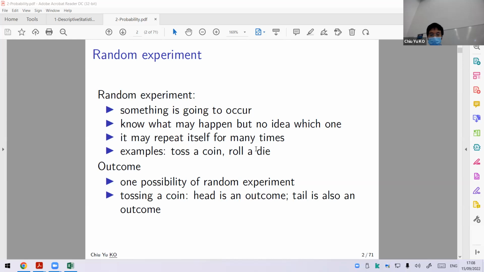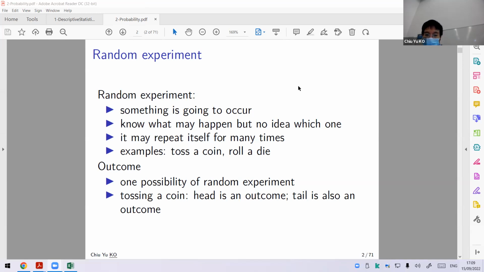The idea of random experiment, we don't define formally, but we can describe what it is. A random experiment refers to something that is going to occur, okay? We know what are the possibilities, what might happen, but we don't know which one, right? Because if we know, then it's no longer random, right? That's why a random experiment is something where a random outcome may come out.